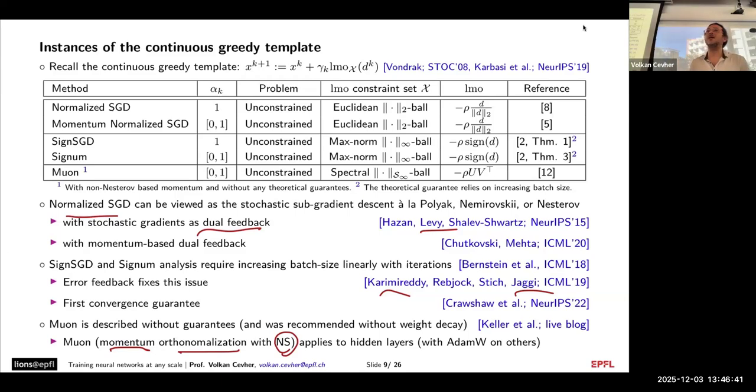To compute this LMO, they use the Newton-Schulz algorithm. So if you're using QR decomposition, maybe you should call this MUOC. If you're using Polar Express, you should call this MUOP algorithm, right? It didn't have any theory, and they just suggested to use this for the hidden layers. All right, so far so good.